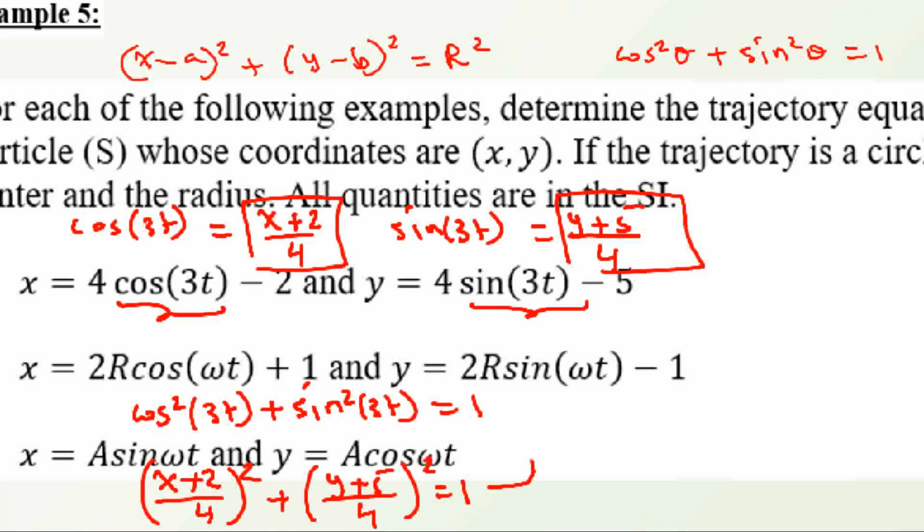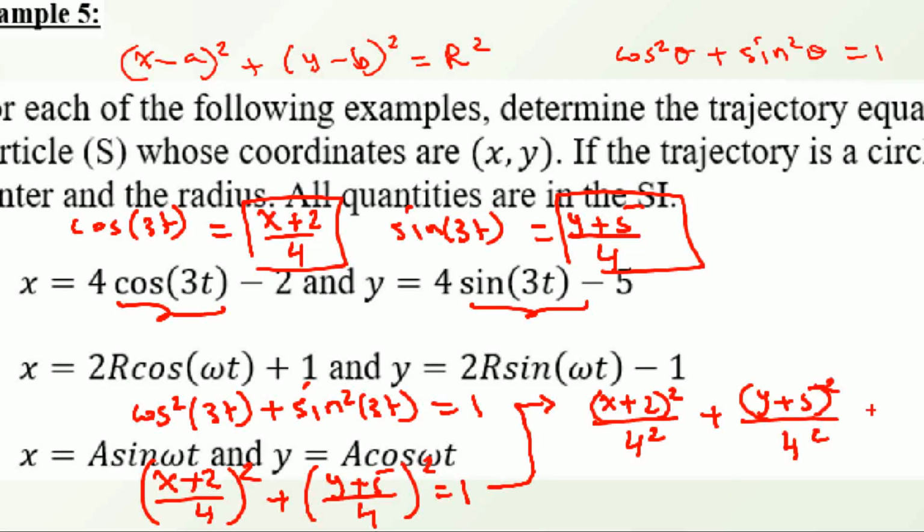Now let me complete the calculation here. The power 2 is for both the numerator and the denominator. That would be (x + 2)² divided by 4² plus (y + 5)² divided by 4² is equal to 1. Now 1 can be written as 4² divided by 4², and we can simplify by these.